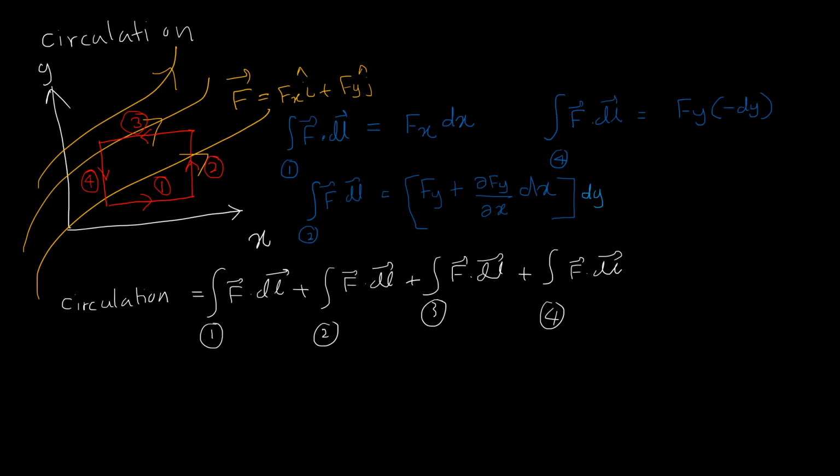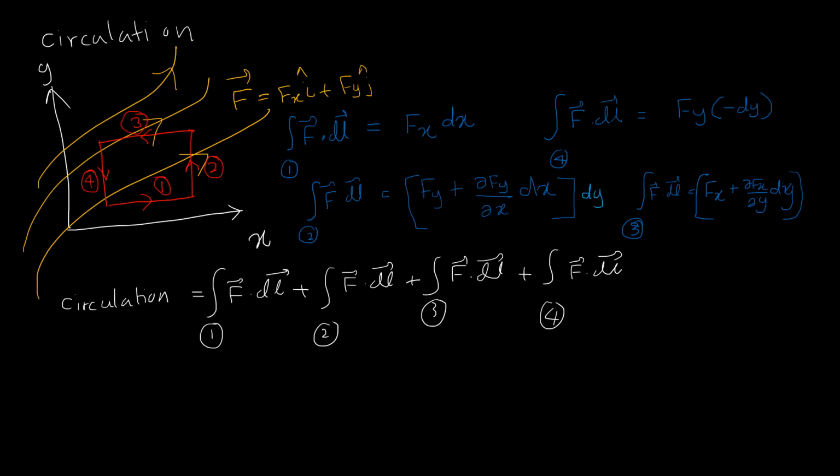So I can similarly write the line integral along path 3, F dot dl, as Fx plus how much Fx changed with respect to y, ∂Fx/∂y times dy, times the length of the path.